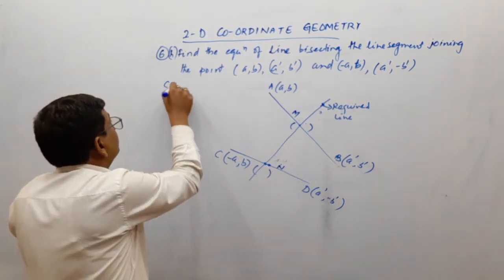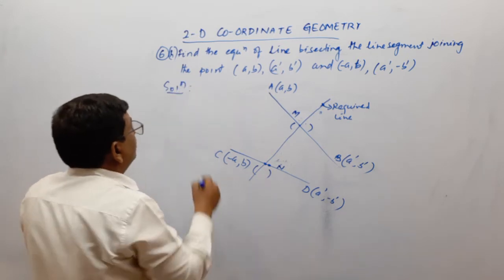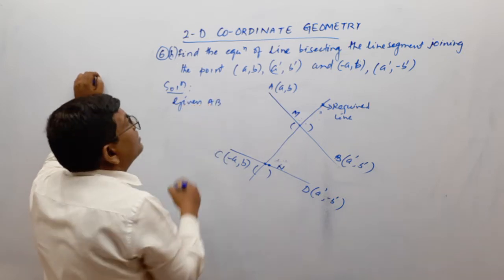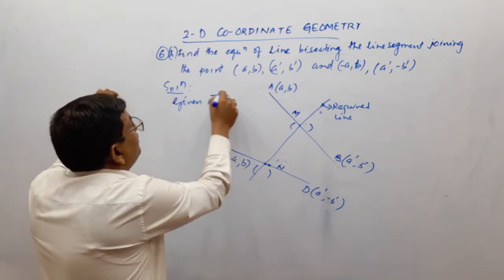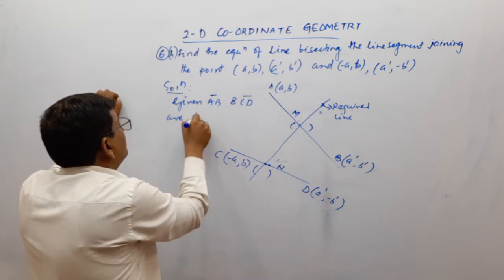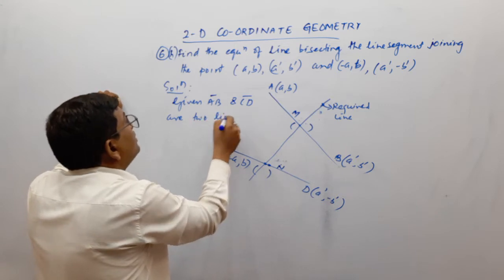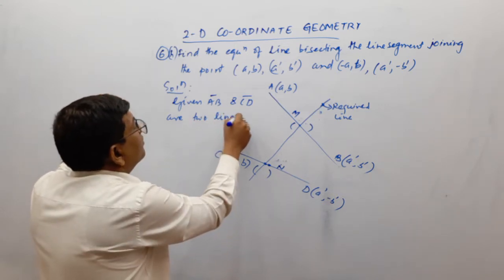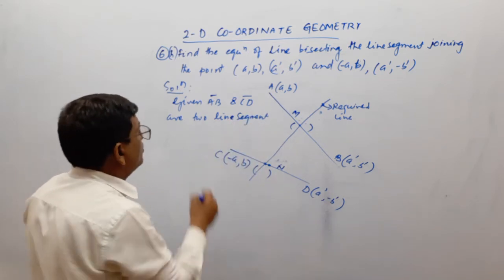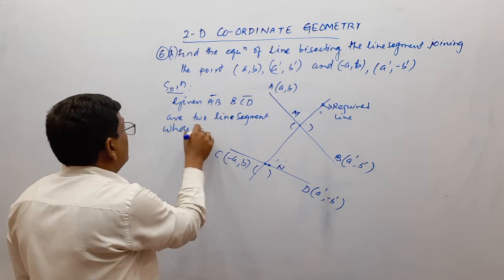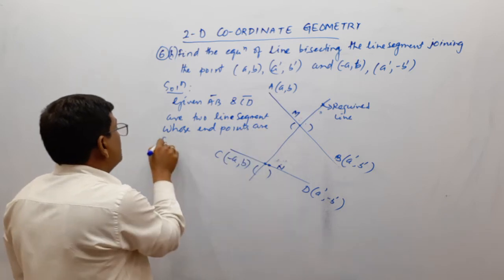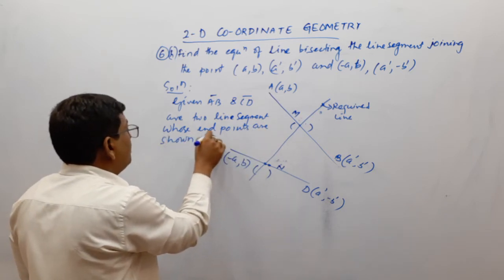So, solution. Given, AB and CD are two line segments whose endpoints are shown in the figure.